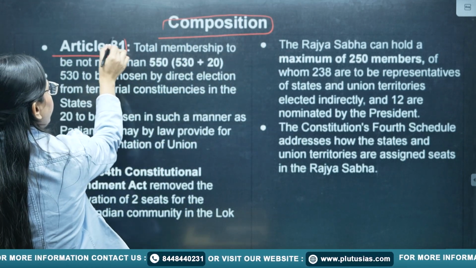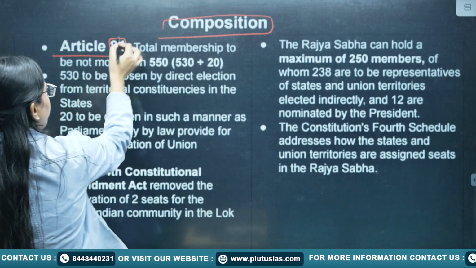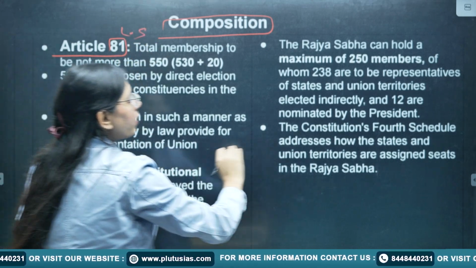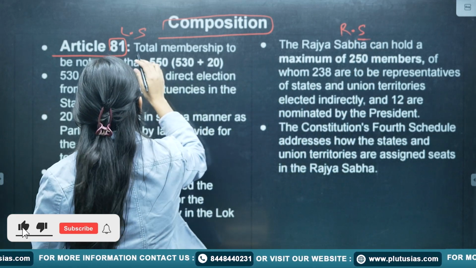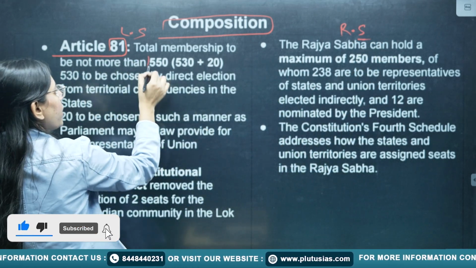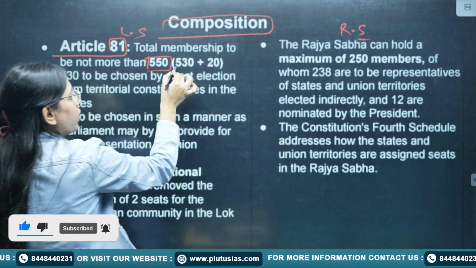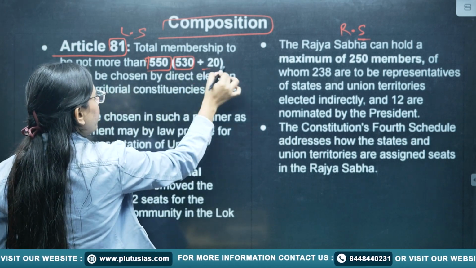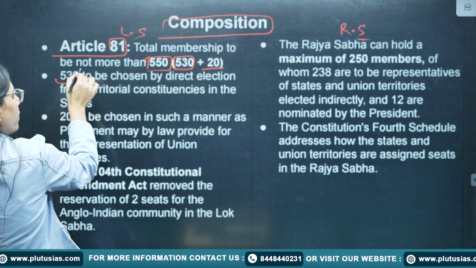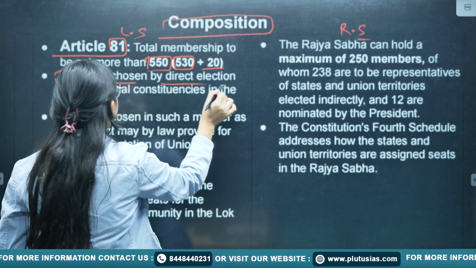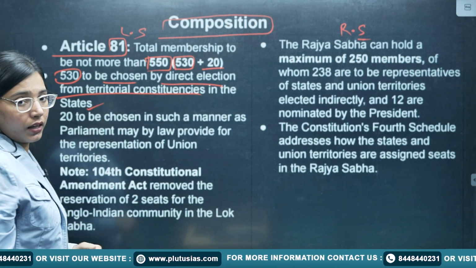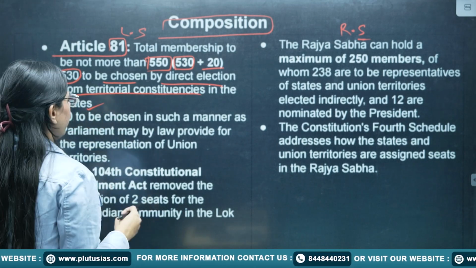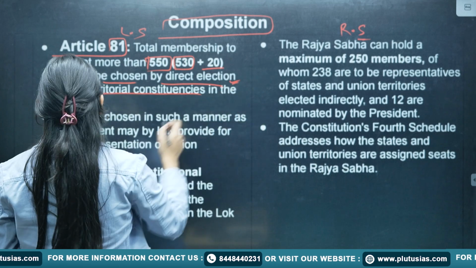In article 81, total membership of the parliament, this is for Lok Sabha and this is for Rajya Sabha, okay? What are the total members in the Lok Sabha? Those are 550. Out of those, 530 plus 20, okay? 530 will be chosen by the direct election from territorial constituencies in states, okay? 530 were elected by the direct election.